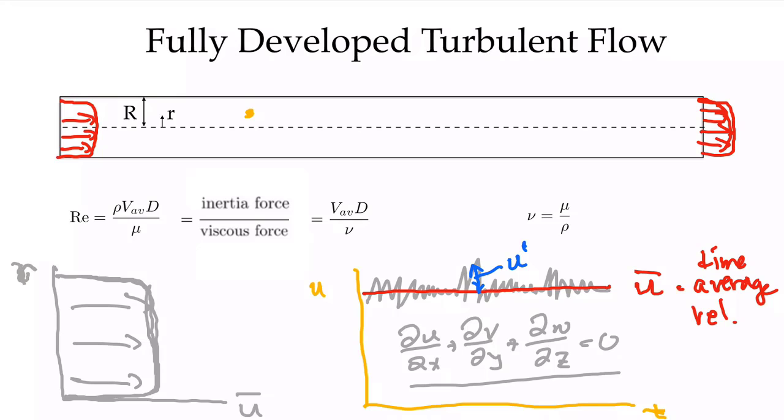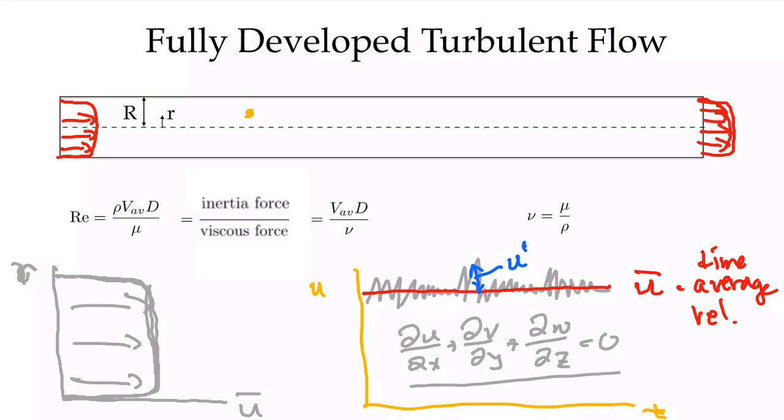The reason that the profile is flat like this is, imagine that you had the laminar profile, and we had a high amount of momentum here in the center where we had the maximum velocity, which was twice the average velocity. In the turbulent profile, if we have a velocity fluctuation in the u component, it means we have a velocity fluctuation in the v component, and that v component is going to carry some of this high momentum fluid towards the wall, in the y direction or in the r direction, and carry some of that high momentum here.